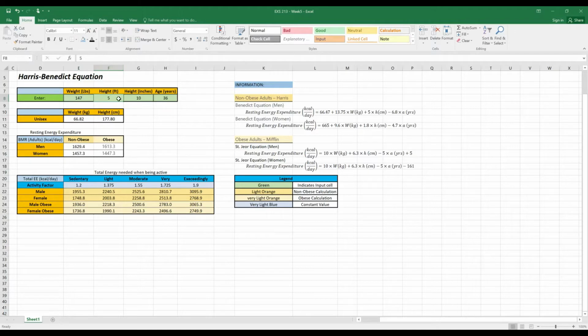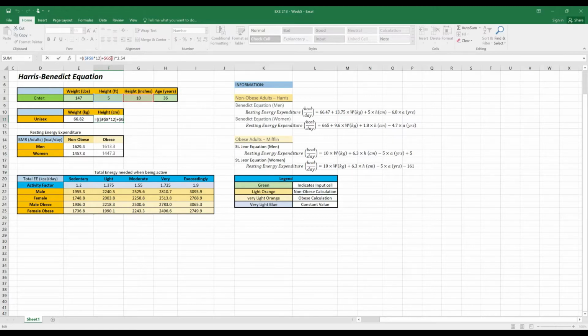Next, we have the height, which is in feet and needs to be converted into inches, and then added to the remainder of inches that the individual is. That's what this cell does. We have the height in feet multiplied by 12, and then added to it is the remainder height in inches.